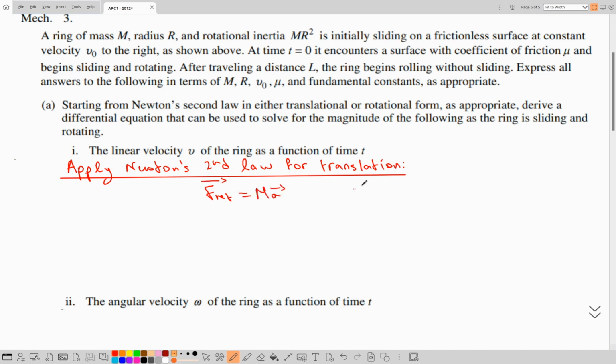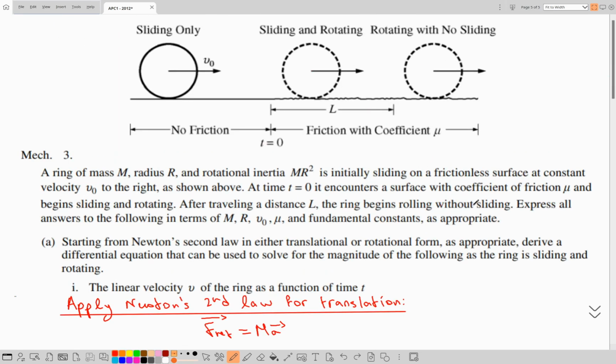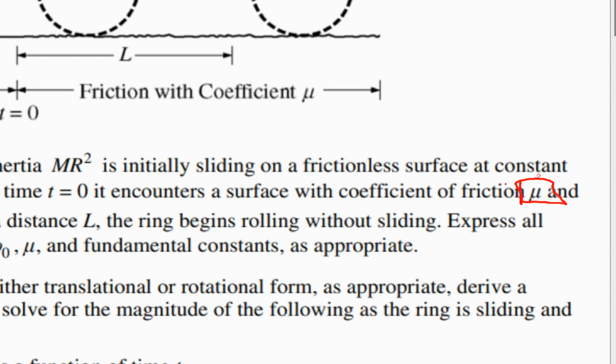Directly we can guess that the differential equation, because we have friction and the coefficient of friction is mu, would be given by a is minus mu g, and we will explain later why this is a differential equation.